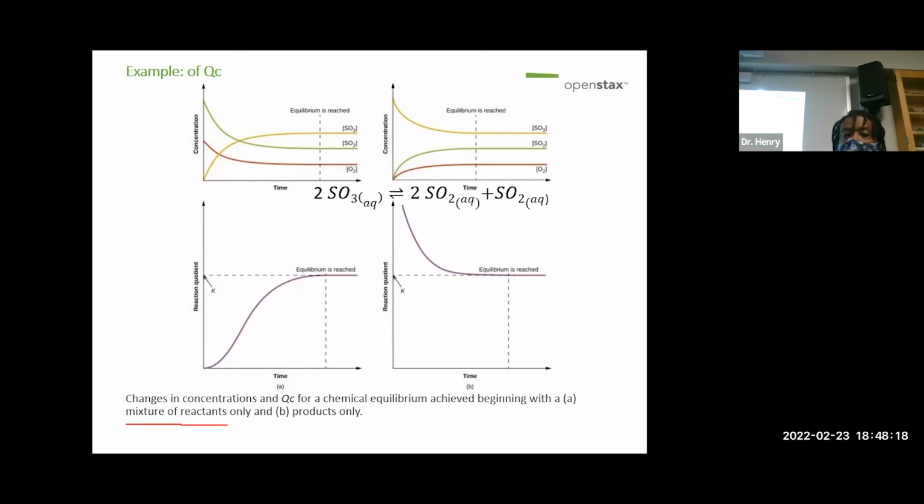Now here's our Q value. This is our reaction quotient. So our Q value is going to be less than the equilibrium constant until it reaches equilibrium.